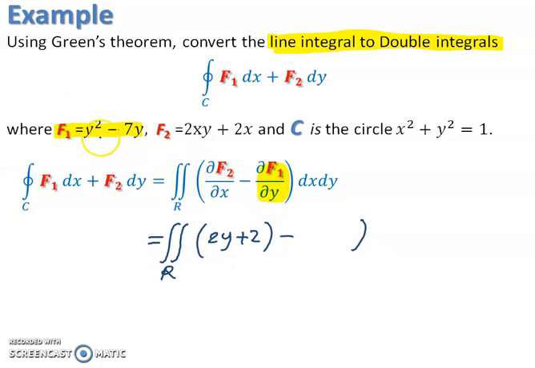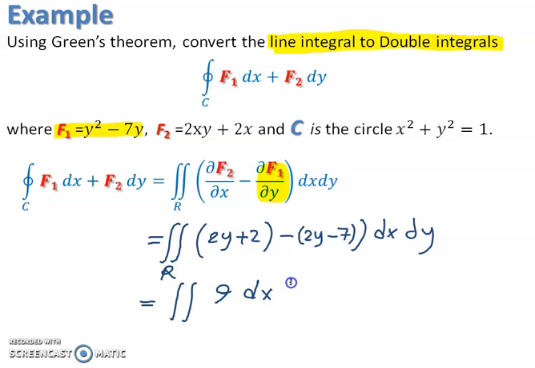The answer will be 2y minus 7, dx dy. Simplify this, we will have the double integration of 9 dx dy. Put 9 outside, we have 9 times the double integration over the region R of dx dy.